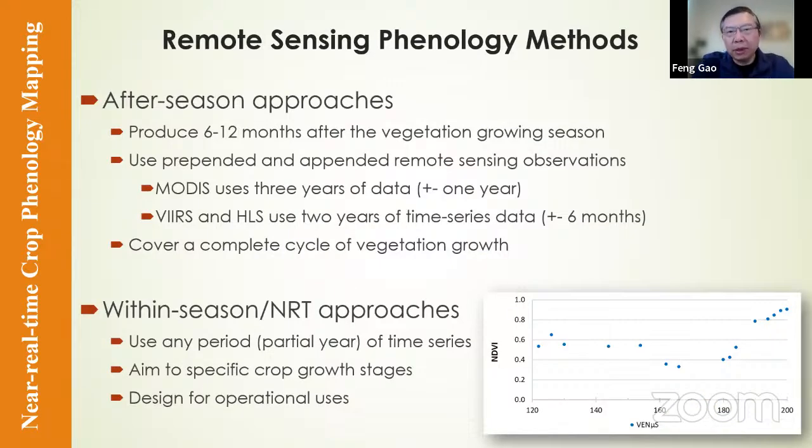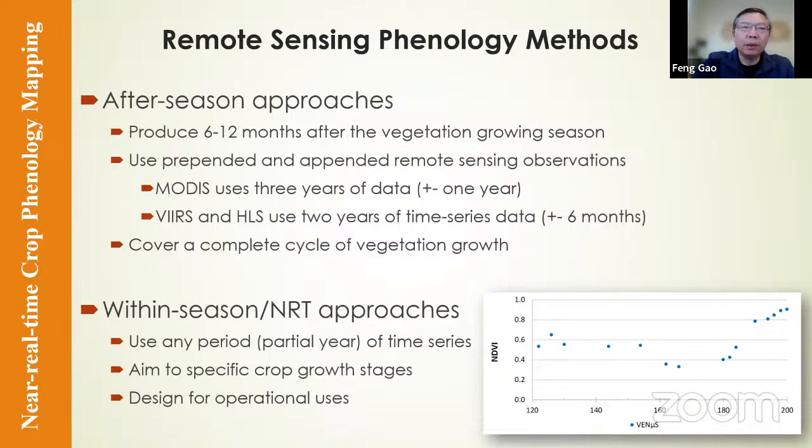Many remote sensing phenology methods have been developed in past decades. If we look at the data used or the production dates, we can categorize these approaches into two categories: one is the after-season approach, and one is the within-season approach. The after-season approach normally produces the data 6 to 12 months or 1 year after the vegetation growing season, so it uses prepended and appended remote sensing data.